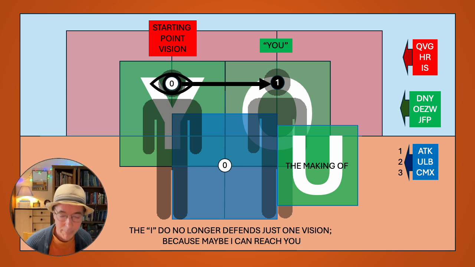From that point onwards, the I no longer defends the one vision, because maybe I can reach you. And that's the starting point of the timings. It's a different focal point than the spatial frame orientation into a point that has now become a 0 point. Now I go from 0 to 1.